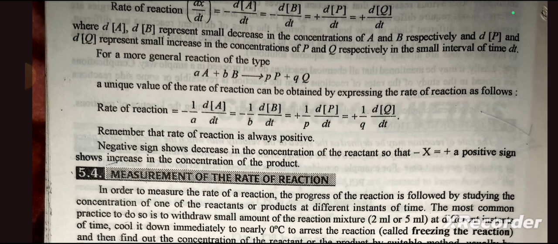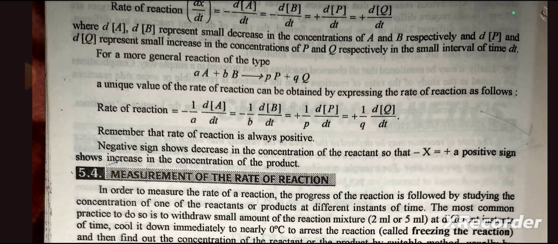For a more general reaction of the type small a capital A plus small b capital B gives small p capital P plus small q capital Q, a unique value of the rate of reaction can be obtained by expressing the rate of reaction as follows.